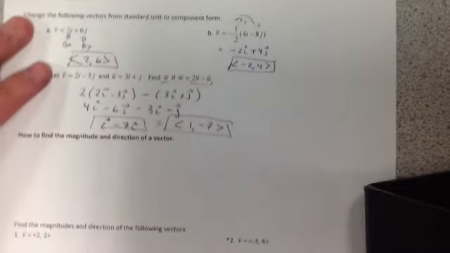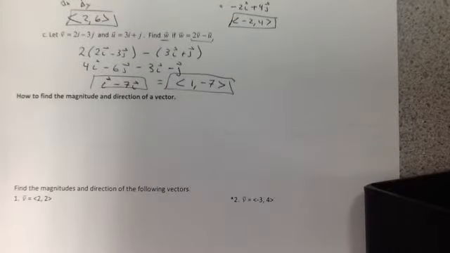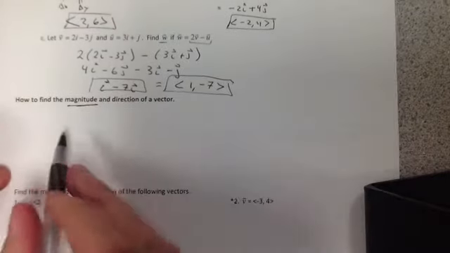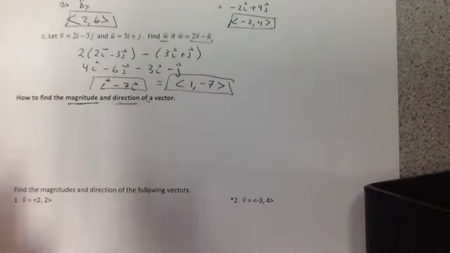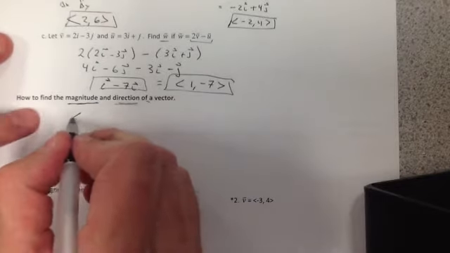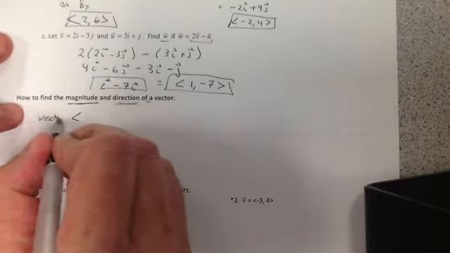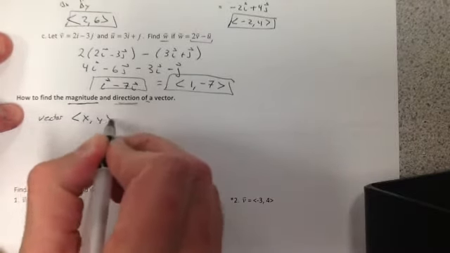Alright, now, how do we find magnitude and direction of a vector? Well, yesterday we did magnitude. Today we're really going to be taking a look at the direction of a vector. So first, let's just look at any arbitrary vector, and we're going to call this vector <x, y>.